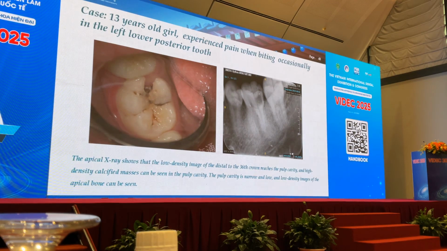So our diagnosis is apical periodontitis, right? Then we ask, is it possible that some vital pulp tissue remained in the root canal of the tooth? How to evaluate? How to establish the vitality for this tooth? Because the pulp is apparently involved, right?